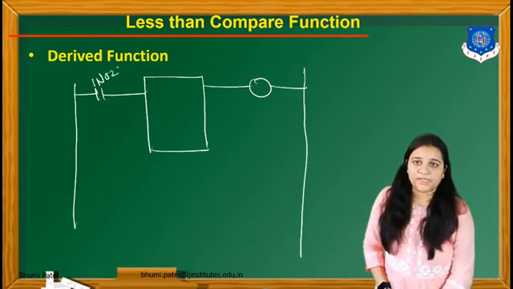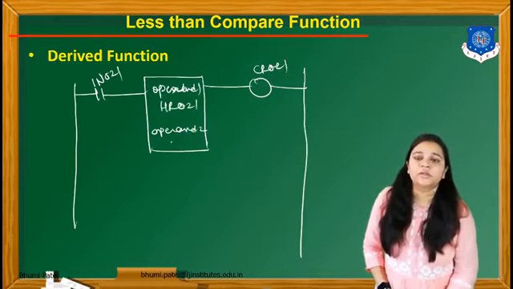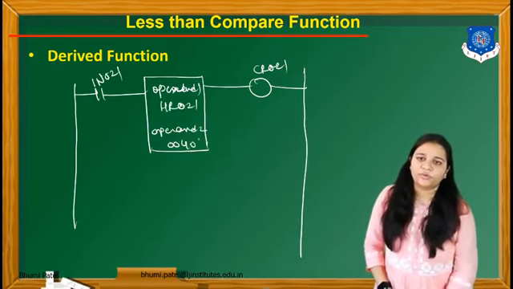The name of the input is IN021. Suppose this is CR021. In this block we take operand 1 and operand 2. Suppose this is my HR021 and suppose the number is 40.